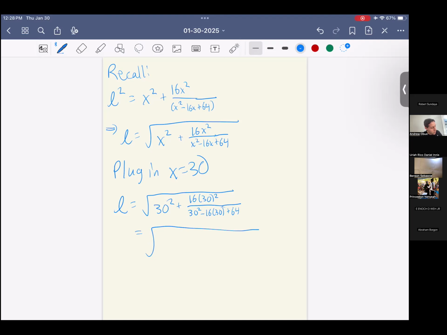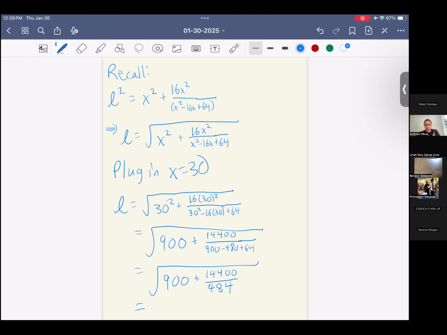That's equal to the square root of 900 plus 16 times 900, which is 14,400, divided by 900 minus 480 plus 64. So 900 minus 480 is 420, plus 64, this is going to be 484.